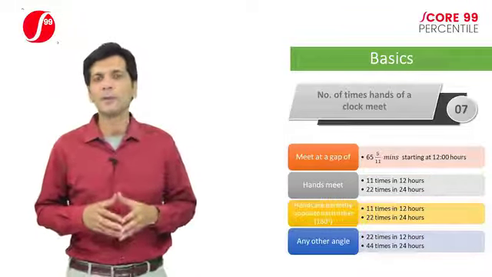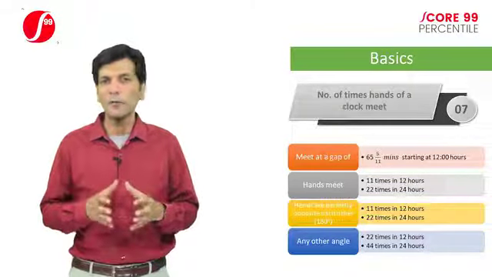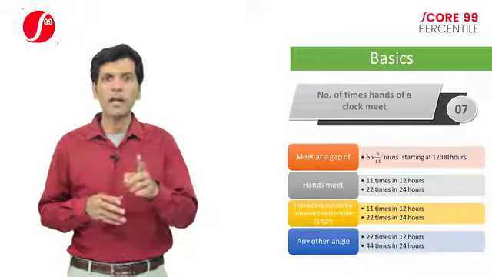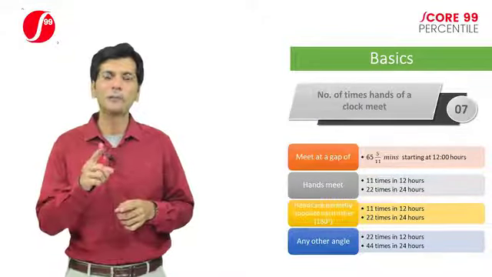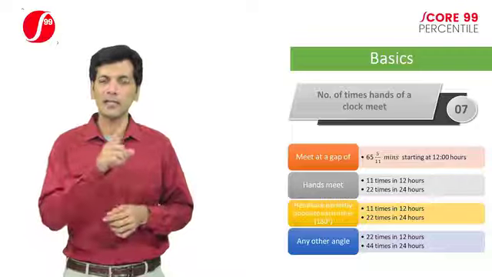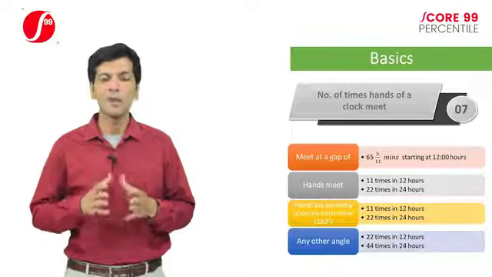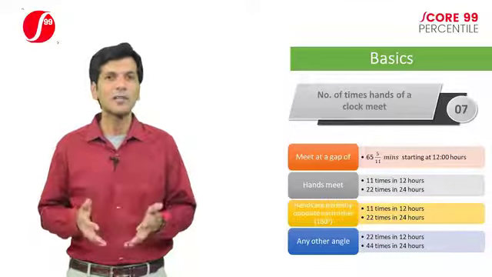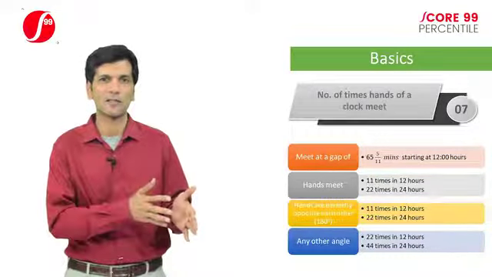It's very, very simple. Think of it this way: the hour hand in 1 hour has covered 5 minute spaces, while during the same time the minute hand has completed 60 minute spaces, which means that the minute hand in 1 hour's time is ahead of the hour hand by 55 minute spaces.